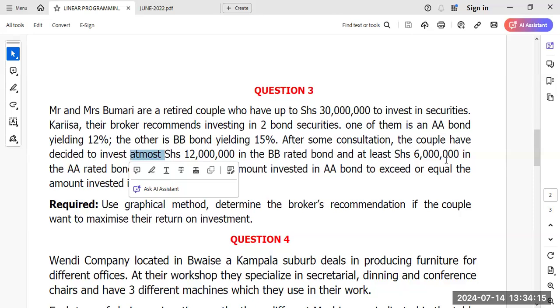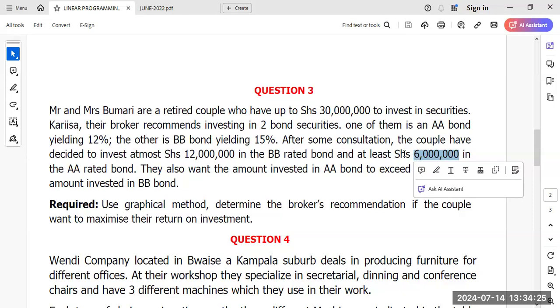If they say this couple have decided to invest at least 6 million, it doesn't mean that they have actually invested 6 million. It means they have decided to invest at least, it can either be that figure 6 million or above. But we don't know the real exact amount of money invested.